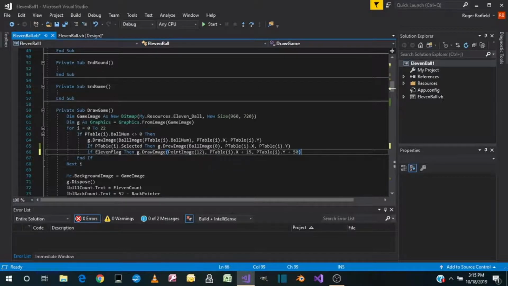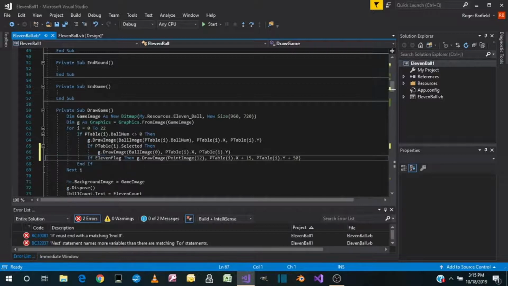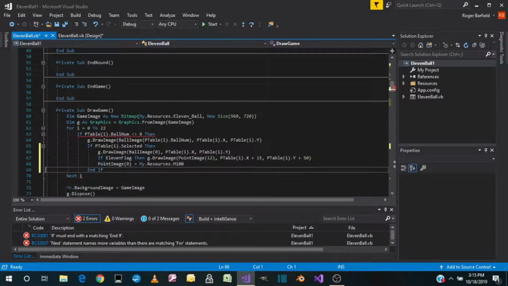And let me put this here, and move this in flag. Okay. If the ball selected, we draw the selection right here. And if it equals 11, then we also draw the points. And where did this come from?